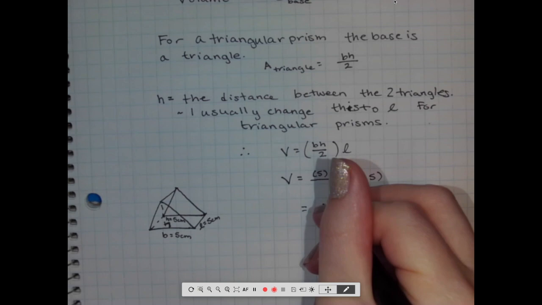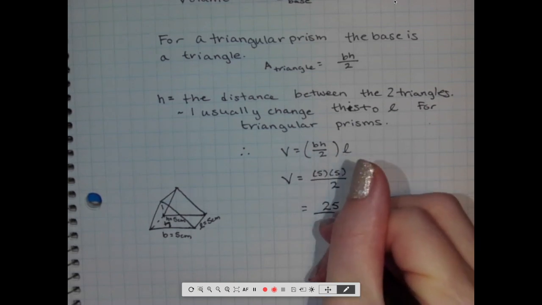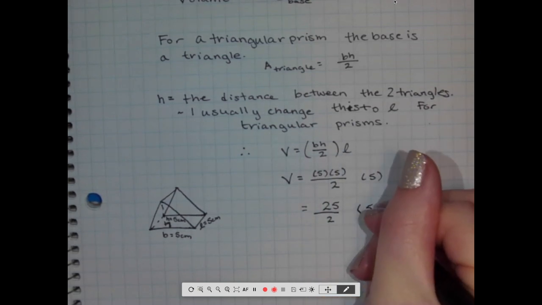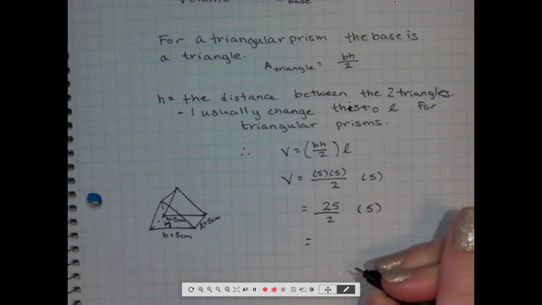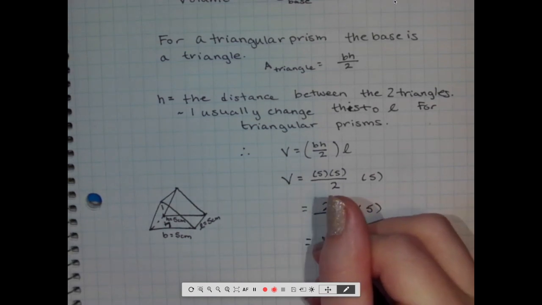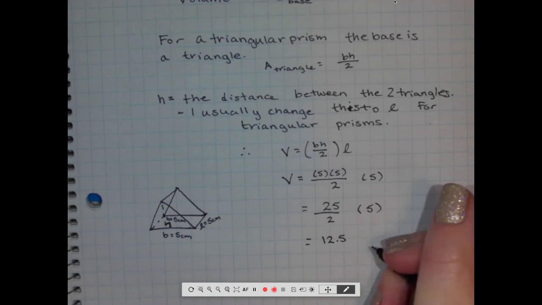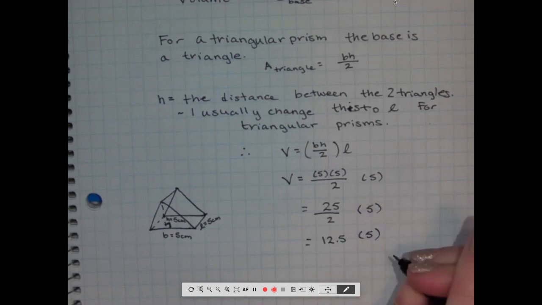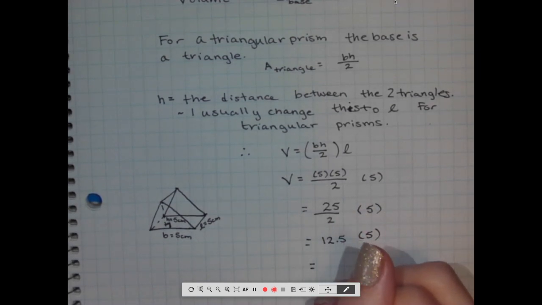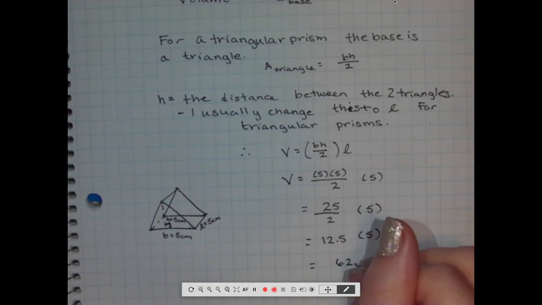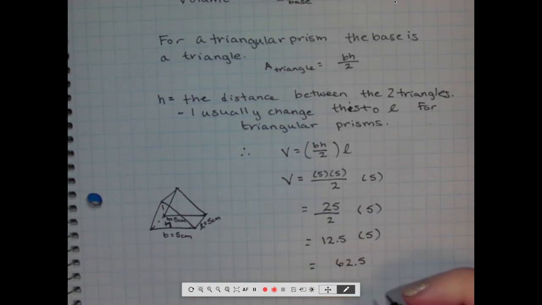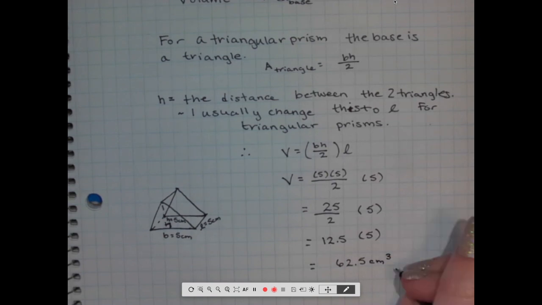So 5 times 5 gives us 25, divided by 2 times 5. 25 divided by 2 will give us 12.5 times 5. We end up with 62.5. Our unit was centimeters. We're dealing with volume, so we cube it.